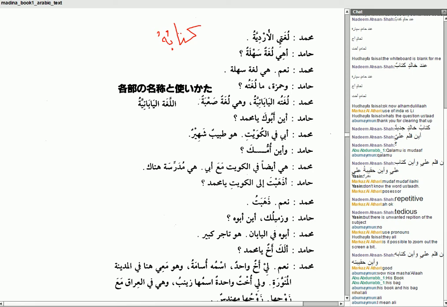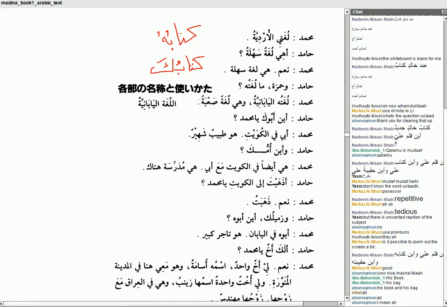So you write the same word, kitab, which is mudaf, and you want to refer to it as yours, you put at the end, ka. Kitabuka.